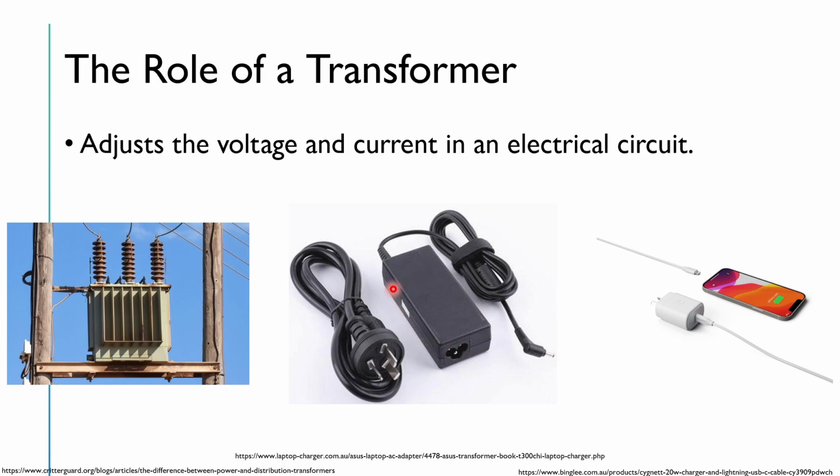So you'll see transformers attached to devices which plug into the mains to make that transformation of electrical energy happen. In particular, the big boxes which are found on like laptop chargers are transformers in and of themselves. They're also built into wall chargers for like a USB charger that you might use for something like a phone.